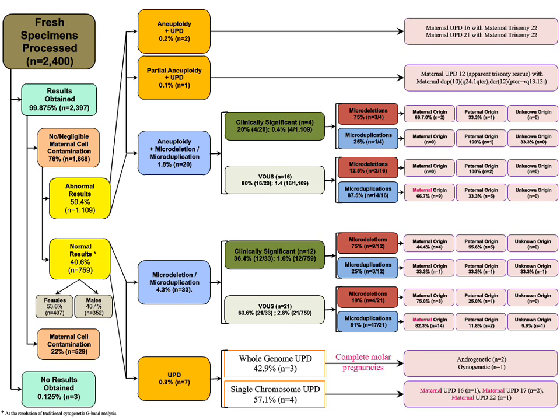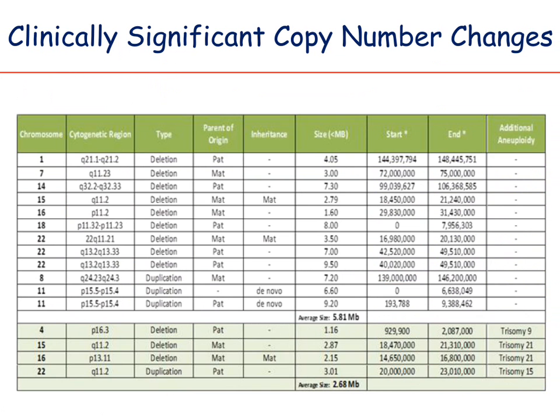So here are the clinically significant copy number changes. The top table shows you those alone, and the one at the bottom shows those that had an additional aneuploidy. So almost certainly in the bottom ones, aneuploidy is the reason for the miscarriage, and the clinically significant copy number change is likely incidental in those cases.